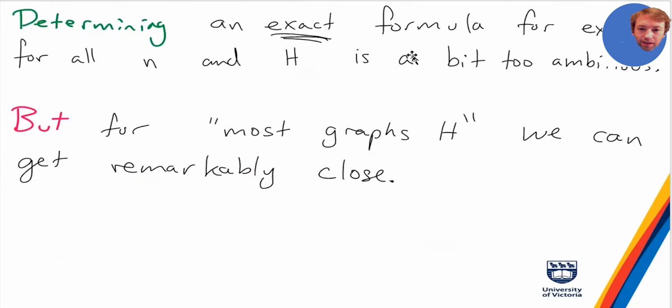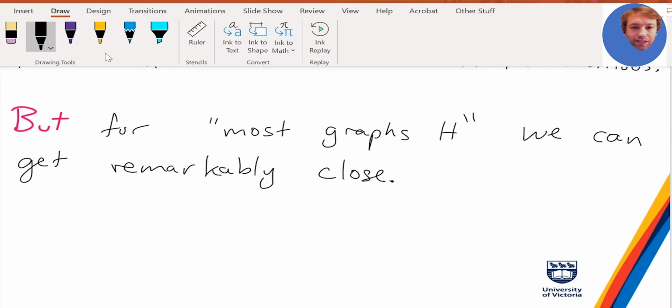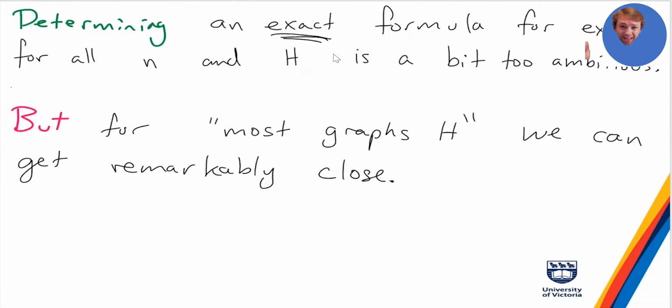If we were trying to get an exact formula for every graph H and every n, nobody knows how to do that. It's far too complicated. But our hope is that for most graphs H, we can get a pretty good idea of the general growth rate of Ex(n, H) as n goes to infinity.